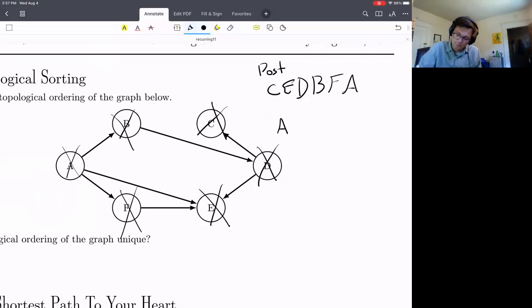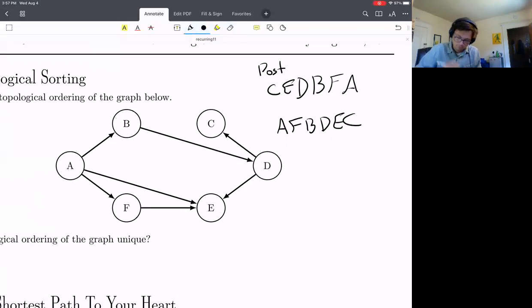And if we just reverse this post order traversal, you will notice that we get a topological sort, right? One way you can also think of this is, in the topological sort, you weren't allowed to traverse a node until you had traversed all of its dependencies. Well, in a post order, we're basically doing the opposite thing, right?